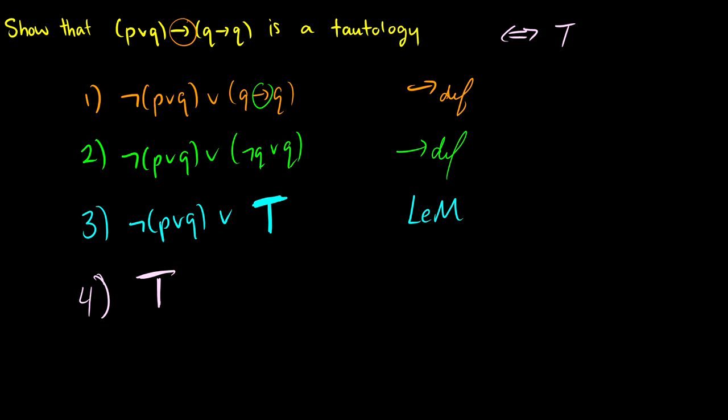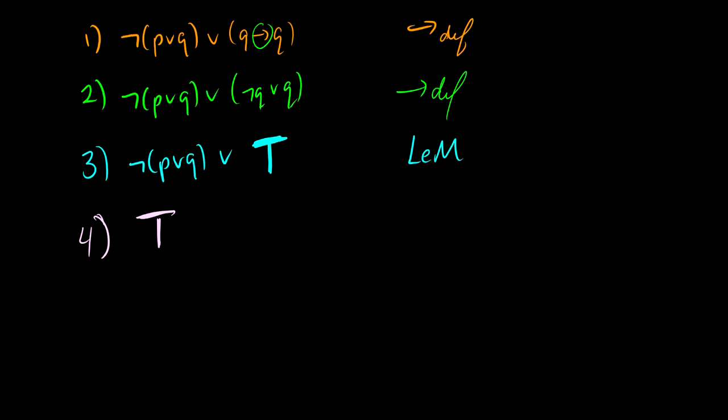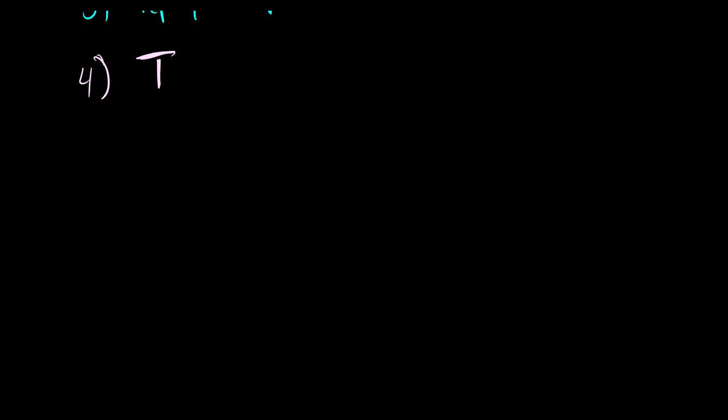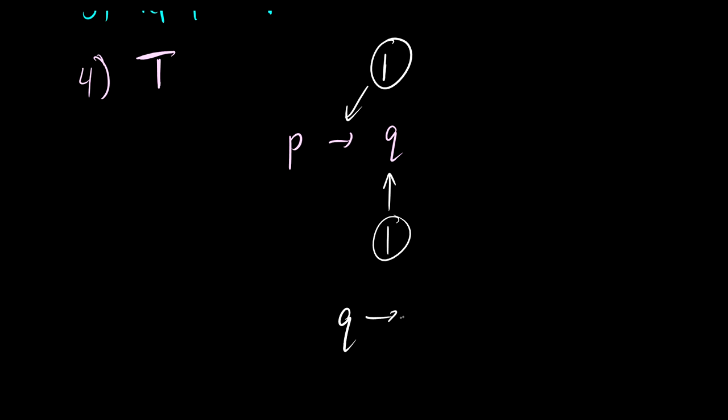And why is that? Well, let's think about this for a sec. You don't even need laws to justify this. If we have a statement that is true, so P arrow Q, and we say, look, this is always true, this is always 1, then that means that this conditional will always be a 1 as well. And we know this is a 1 because if we have Q arrow Q, this is always true.